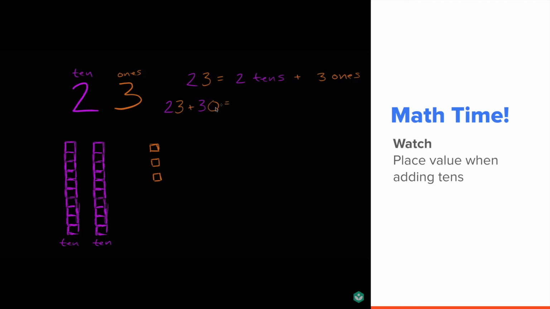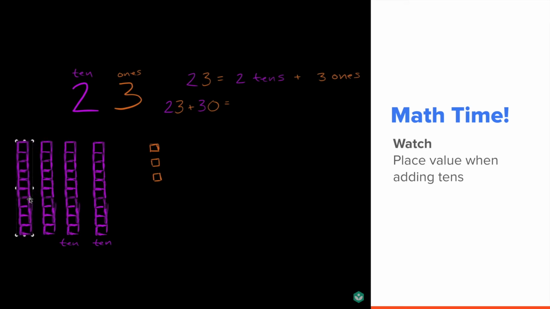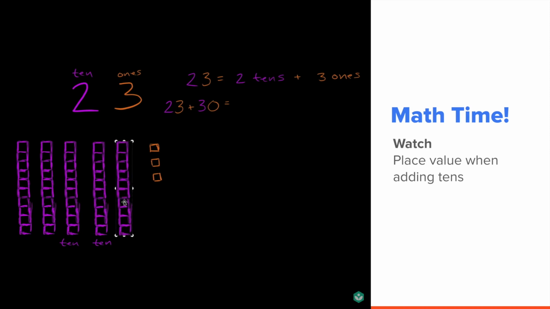So what is this going to be? Well, I start with 23, which I have represented here, and I'm going to add 30. 30 has 3 in the tens place, so it literally means I'm going to add 3 tens, and I'm going to add 0 ones. So let me add those 3 tens. So I've added 1, 2, and 3 tens here.